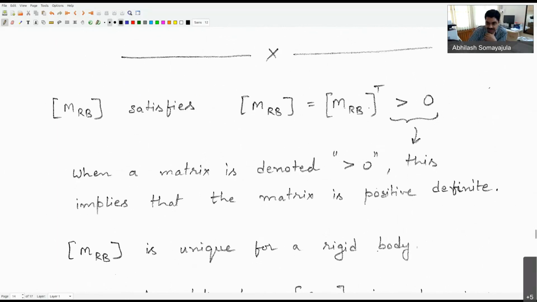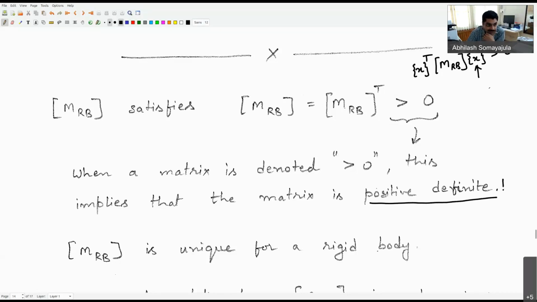Which means that if I choose any vector x, and I take its transpose multiplied by the matrix times the vector x, this will always be greater than 0 no matter what x I choose, as long as x is not all zeros. That is what a positive definite matrix is.